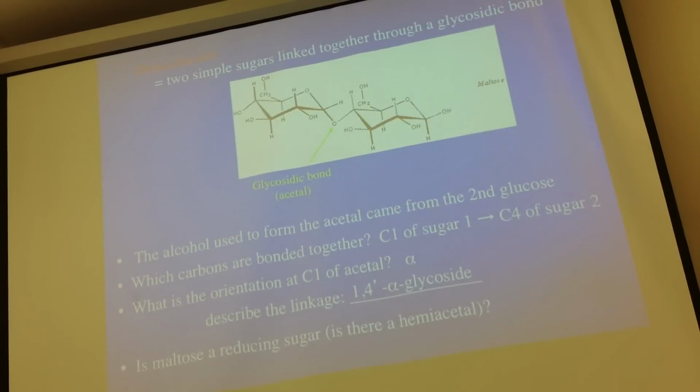Okay, so that tells you which carbons are bonded and what the direction is on the acetal. Yes? Oh, because the aldehyde carbon is right here, right? You okay with that? Okay, that's carbon number 1. So there's 1, 2, 3, 4. It's the 4th one that was down the chain.